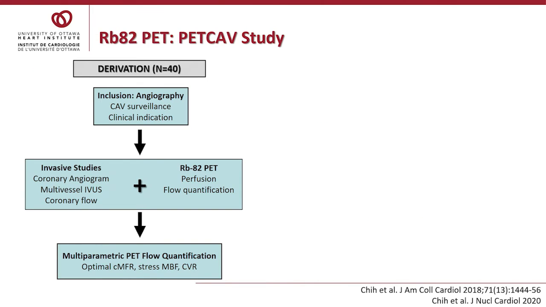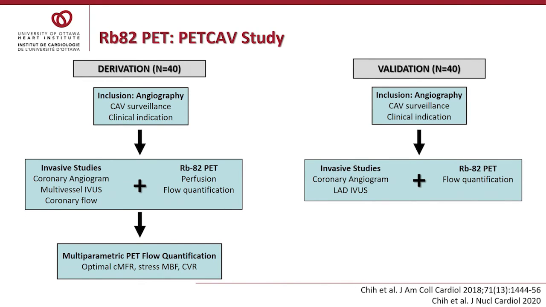So in our PET-CAV study, we assessed the use of rubidium PET for evaluation of CAV. In our original derivation cohort of 40 patients, we sought to determine optimal PET parameters for diagnosing CAV. We then went on to perform a validation study and looked at a separate 40-patient cohort.